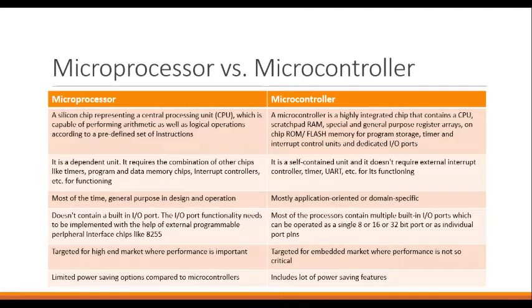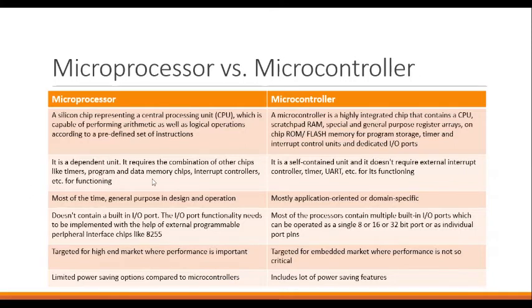Whereas a microcontroller is a highly integrated chip that contains a CPU, scratchpad RAM, special and general purpose register arrays, on-chip ROM or flash memory for storing the program, timer and interrupt control units, and dedicated IO ports. RAM is random access memory, also called read-write memory, where data is stored, and ROM is read-only memory, where the program is stored. All these are present in the same chip where the CPU is present inside a microcontroller.